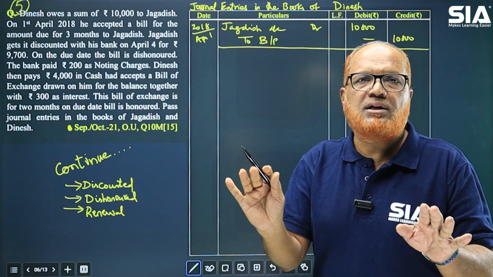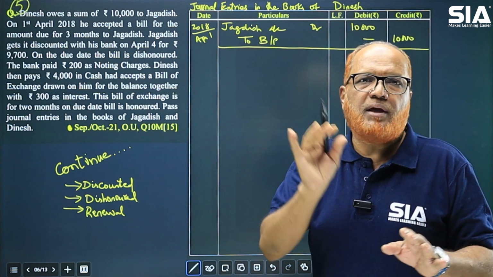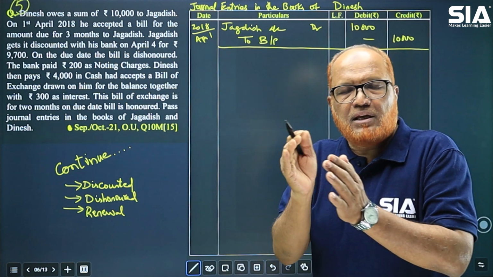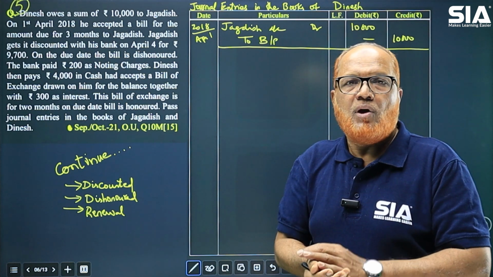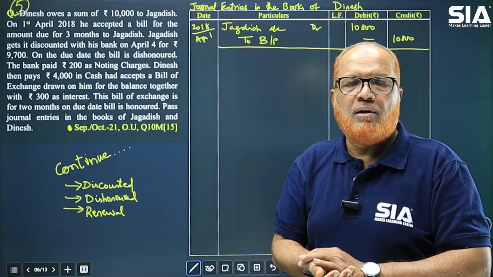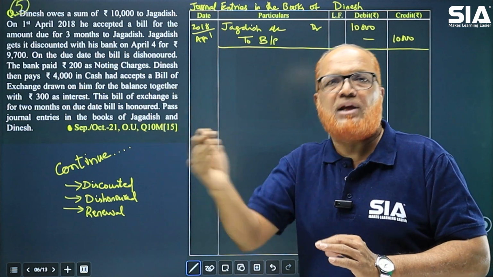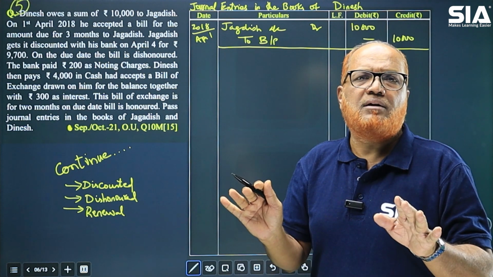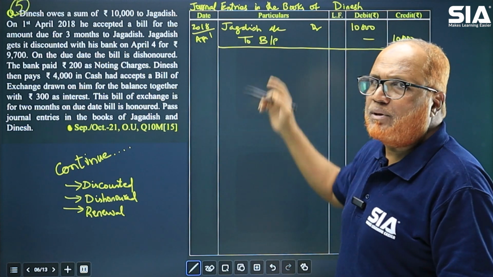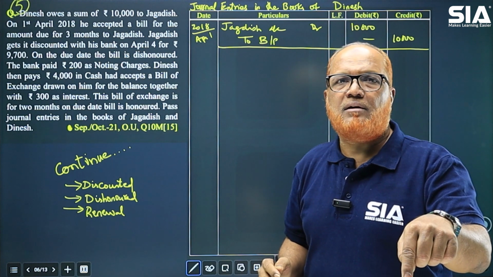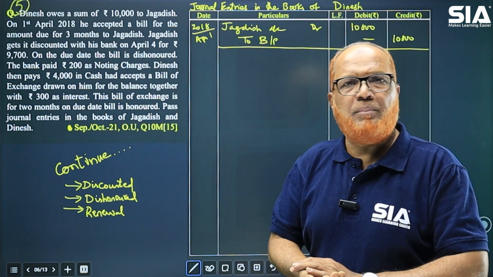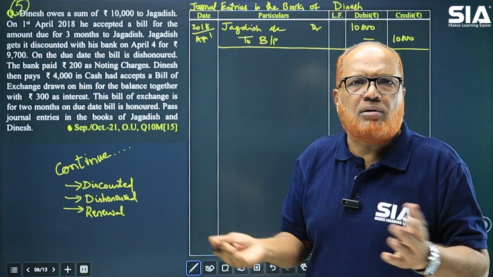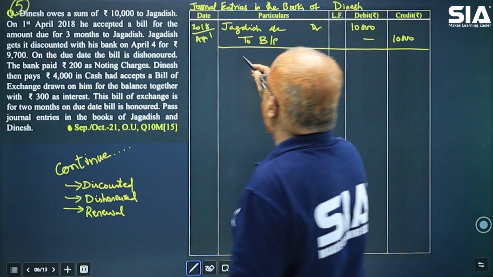The drawee is not concerned what a drawer is doing with the bill, whether he is keeping the bill with himself, discounting the bill with the bank, sending the bill for collection or endorsing the bill. He is not bothered. He will just accept the bill and on the due date, he will meet the bill. He will honor the bill. That's all. So here for discounting, no entry.